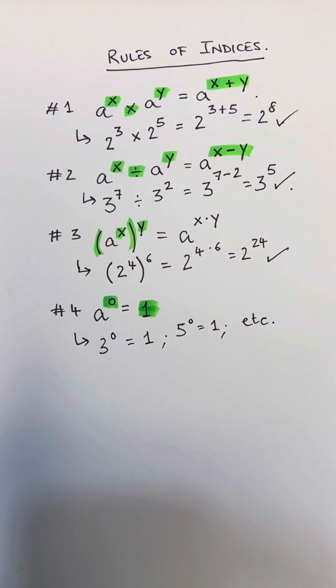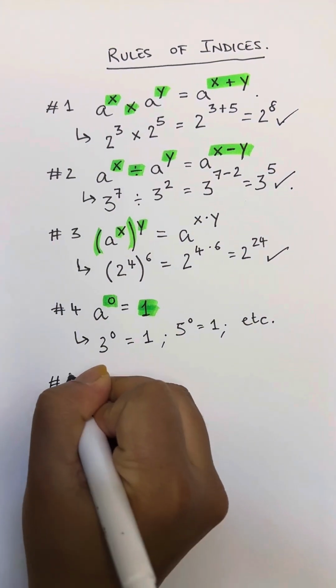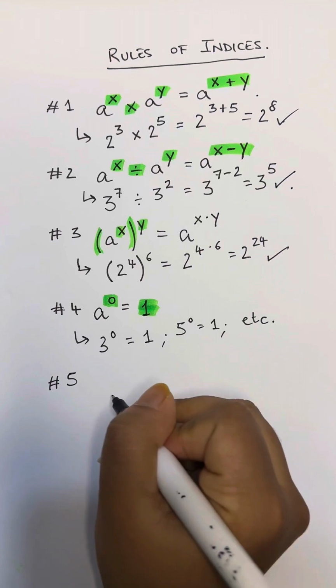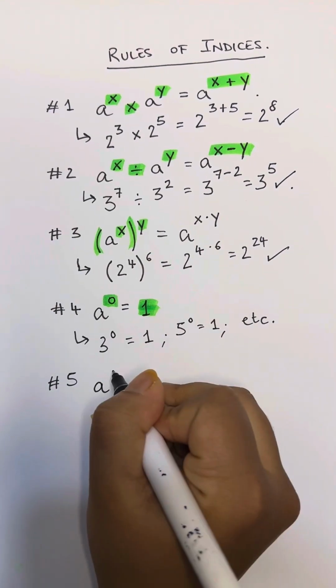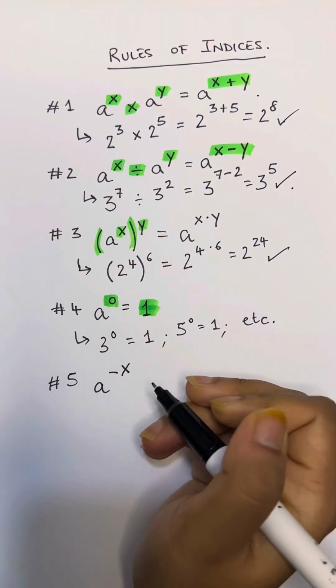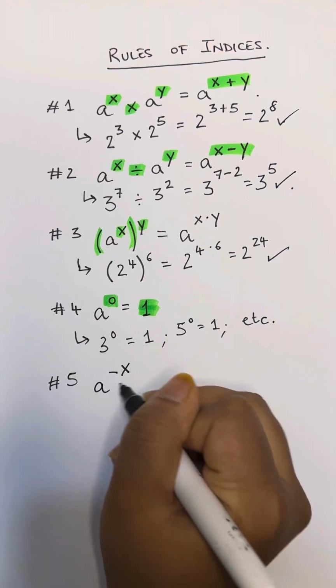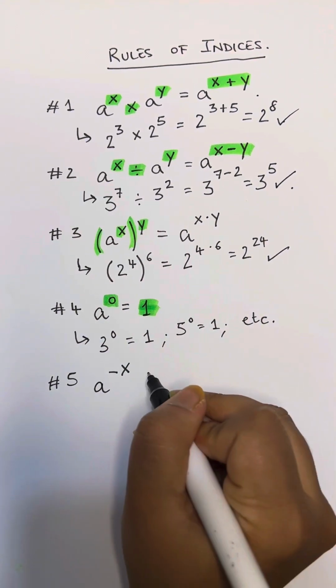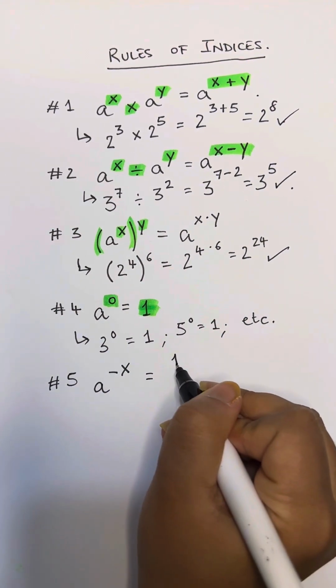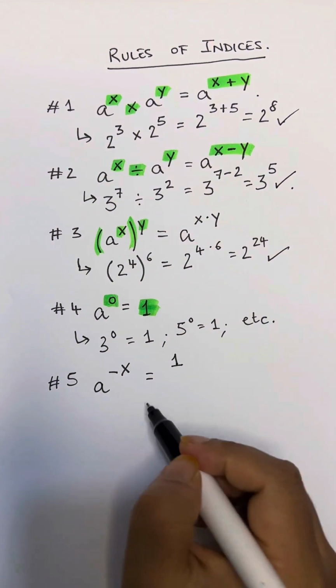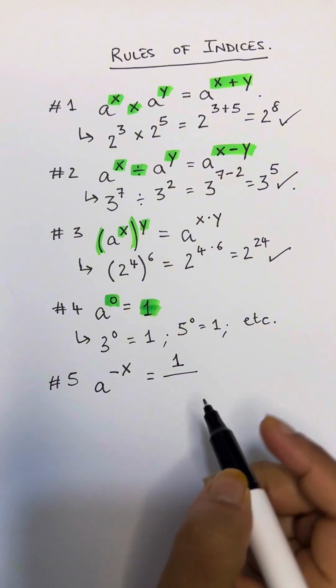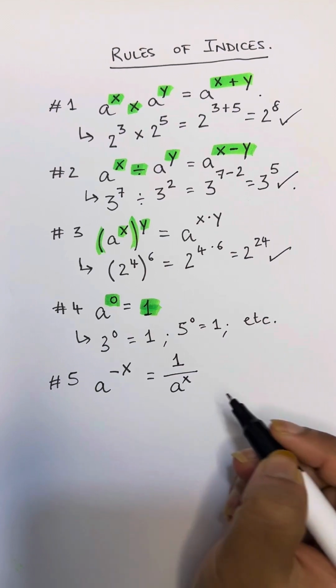Now, the next rule is rule number 5, which is a to the power of minus x. So if we have a negative exponent, it's going to be a fraction: 1 over a to the power of x.